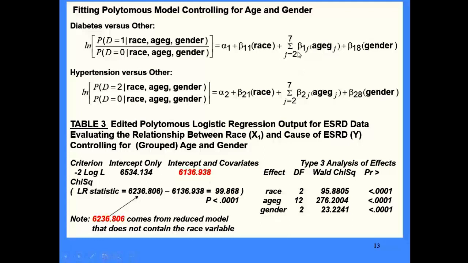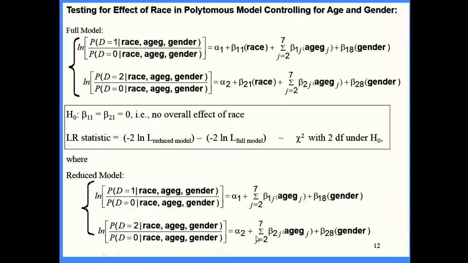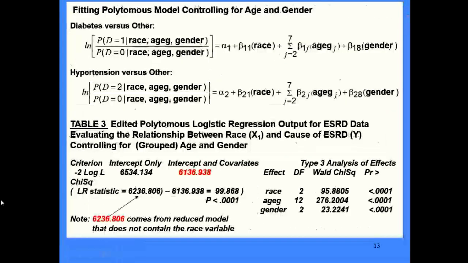That's the minus 2 log L for the model that has race and the 8 categories, 7 dummy variables for age and the gender variable. What do I have to compare it to? We have to compare it to a minus 2 log L for the reduced model, and the reduced model doesn't have race in it, right?